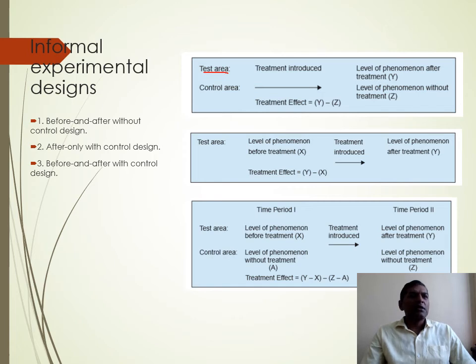In the second type, after only with control design, we have some control. We are trying to reduce the independent factors involved in the experimentation, which should not affect the variables. This design will have a direct treatment, where we are just directly applying a treatment to the input data, and the experimentation will be with control and without control.